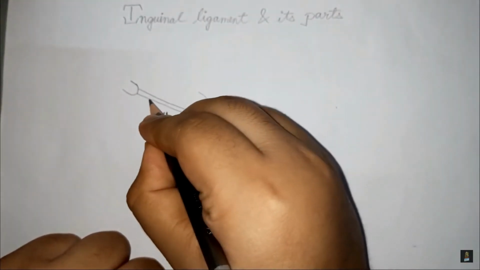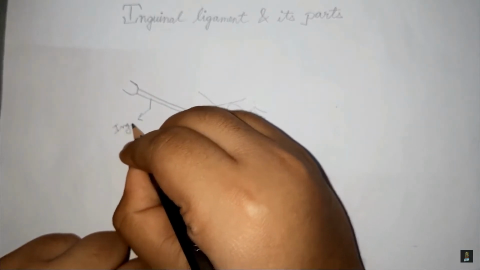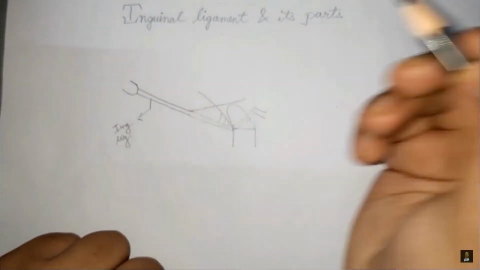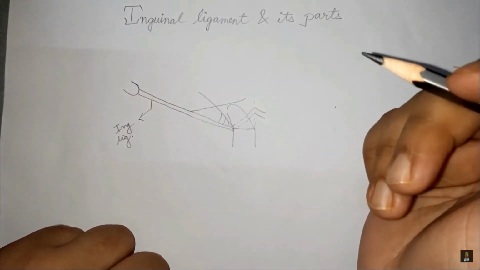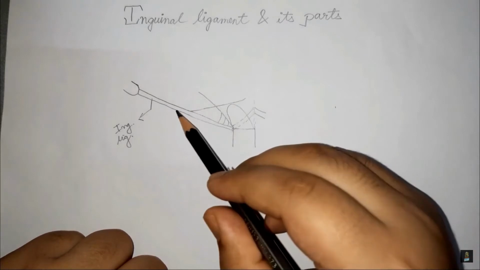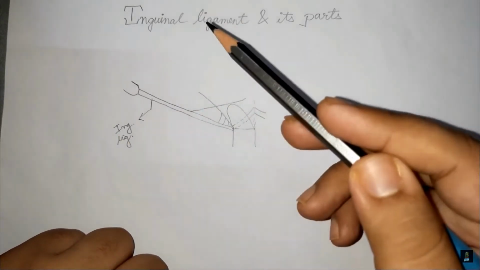So this over here we have drawn, this is the inguinal ligament. I'm abbreviating it, hope you understand. So the inguinal ligament is actually formed by the external oblique aponeurosis.